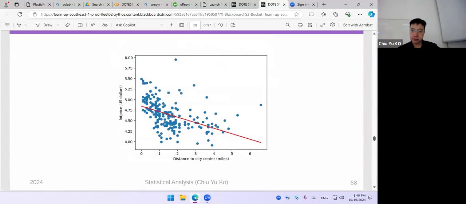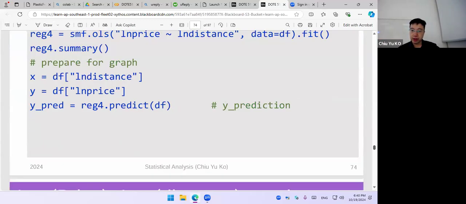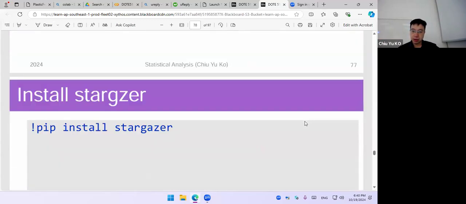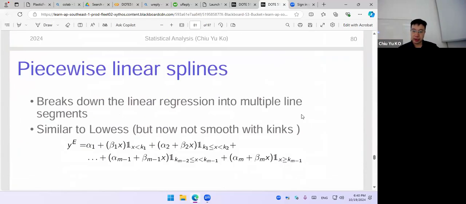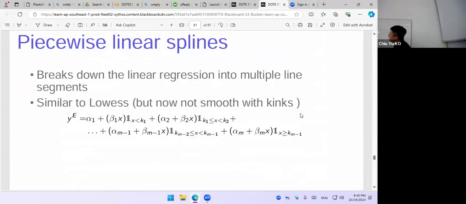And I think we stopped somewhere here, and then we did the Stata glacier. So what is left is there are two different ways to handle the non-linearity. This one we call the piecewise linear splines.